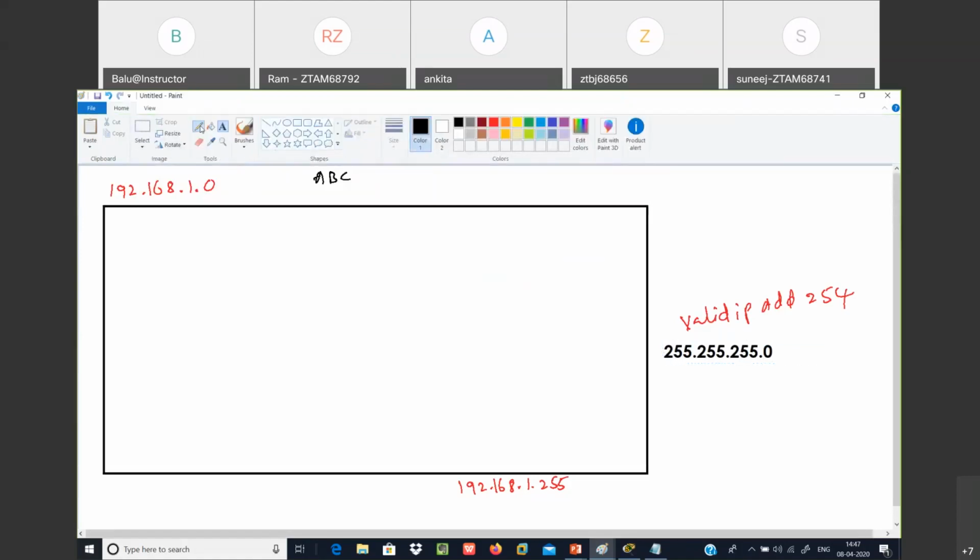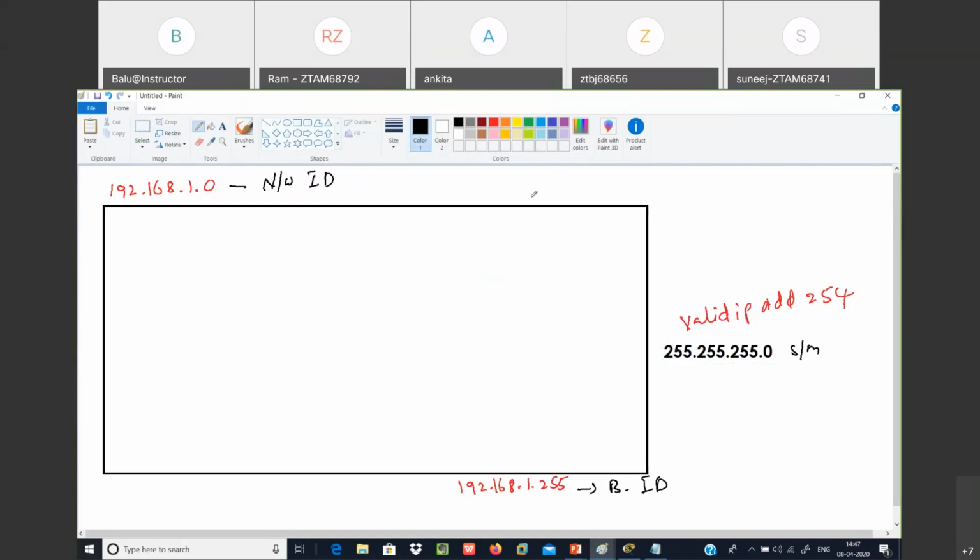Right, guys? So here we have 4 terminologies. The first thing is the network ID. The second is the broadcast ID, then valid IP addresses, and subnet mask.